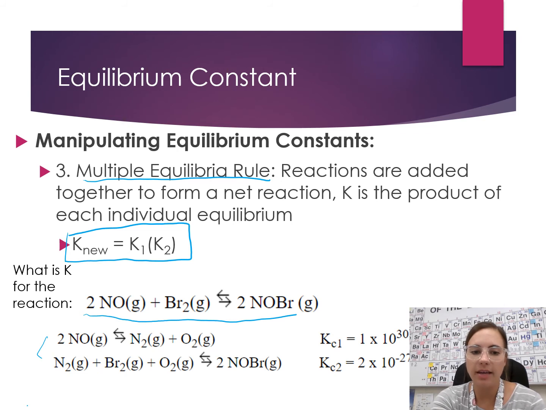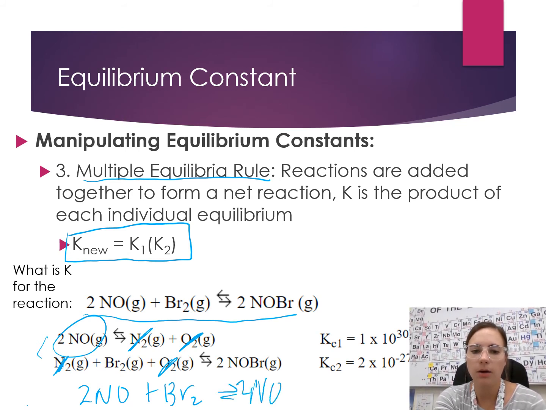Well, in this case, N2 cancels out and O2 cancels out. So I'm left with 2NO plus Br2 yields 2NOBr, which matches my original equation. So I didn't have to do anything but add them together.